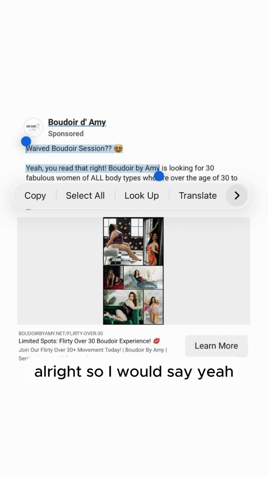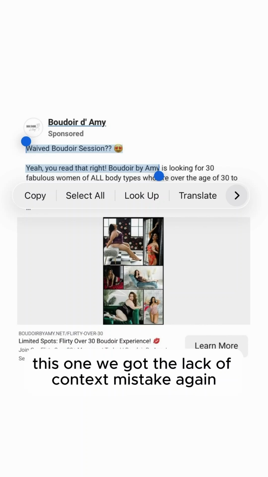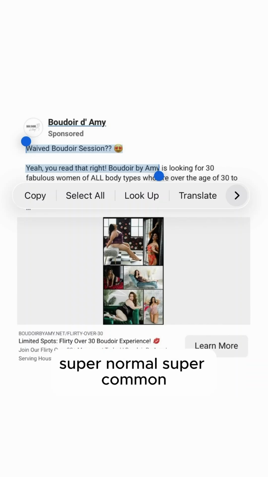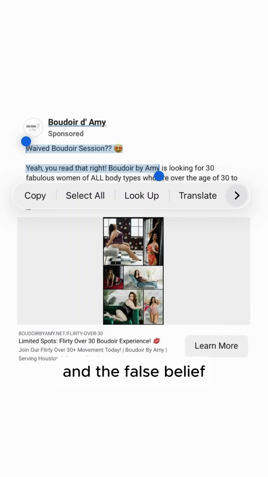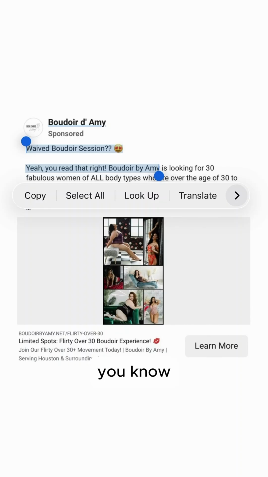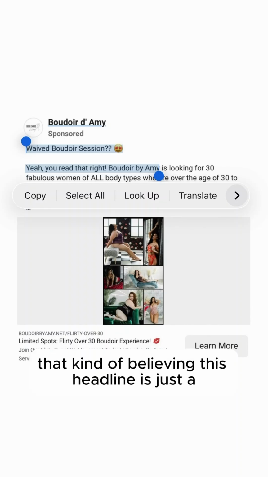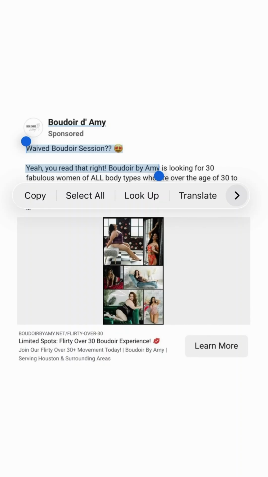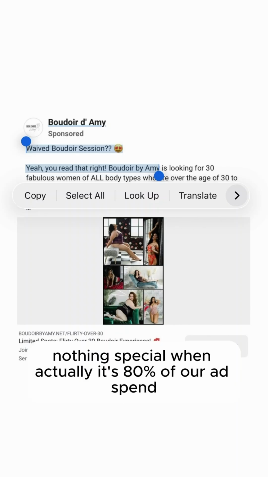All right, so I would say, yeah, this one we got the lack of context mistake. Again, super normal, super common. And the false belief that causes us to make this mistake is that we kind of believe this headline is just nothing special, when actually it's 80% of our ad spend.